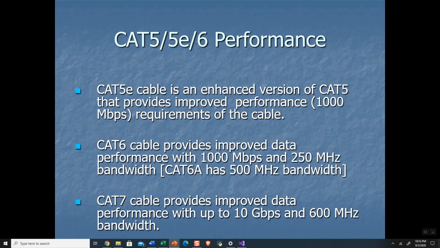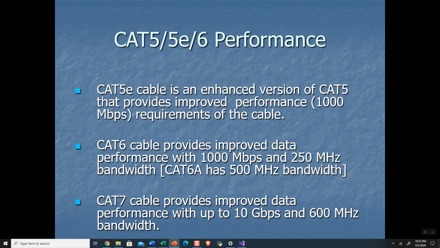Now, running at 1,000 megabits per second is going to take all 8 strands of the UTP cable. Why do I mention this? Because there are other technologies involved with your computer setup, such as power over Ethernet or voice over IP.